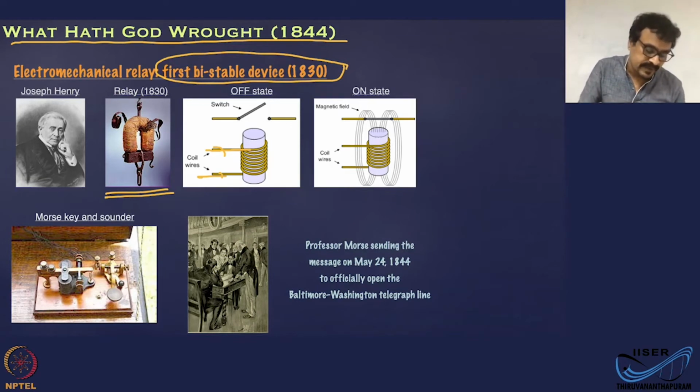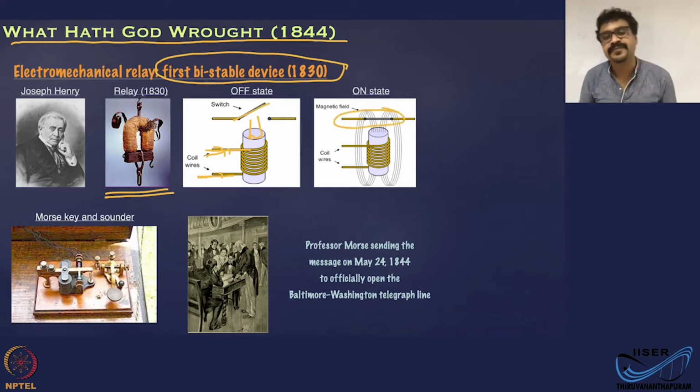When we apply current through it, it creates a magnetic field which pulls this arm and eventually closes the circuit. So you can switch the circuit on or off by the application of current, which creates a magnetic field. This is just a bistable device. It has two states, either on or off.